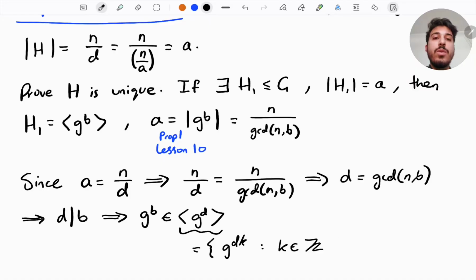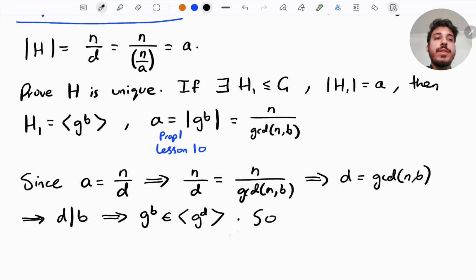So because d divides b, then b is equal to dk for some integer k, and that's exactly what we're saying here. b is equal to dk. So we have that g to the b is an element in the group generated by g to the d.